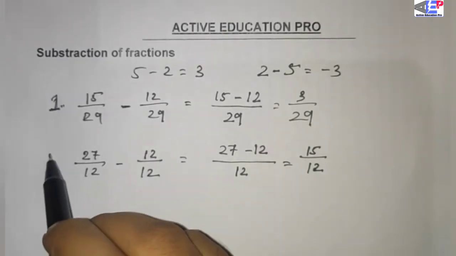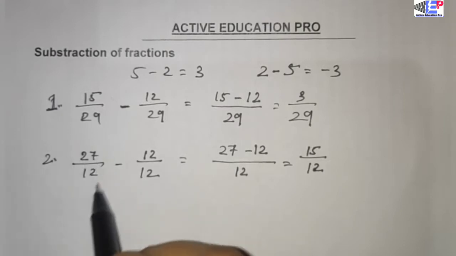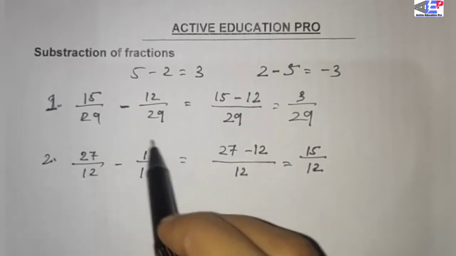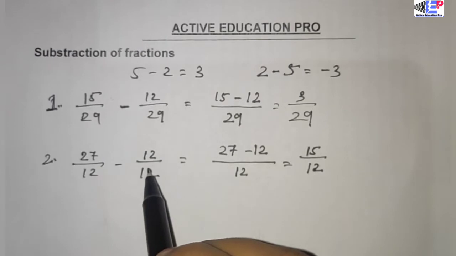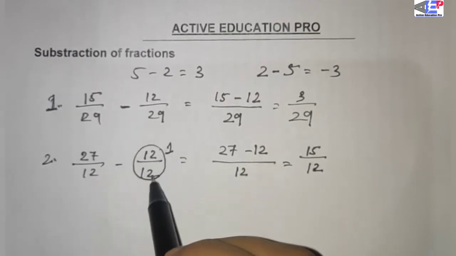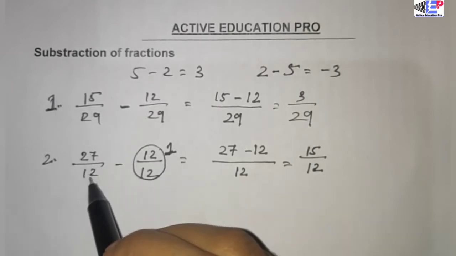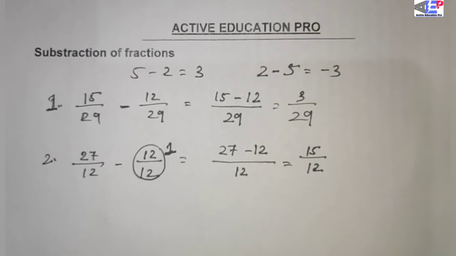But in my next example, question number 2, here 27 by 12 is an improper fraction, where 12 by 12 is a unit, it is 1. 12 by 12 means a complete part, a whole part. This is 1. 27 by 12 minus 1. In my last video I already studied how to add a fraction with a whole number.